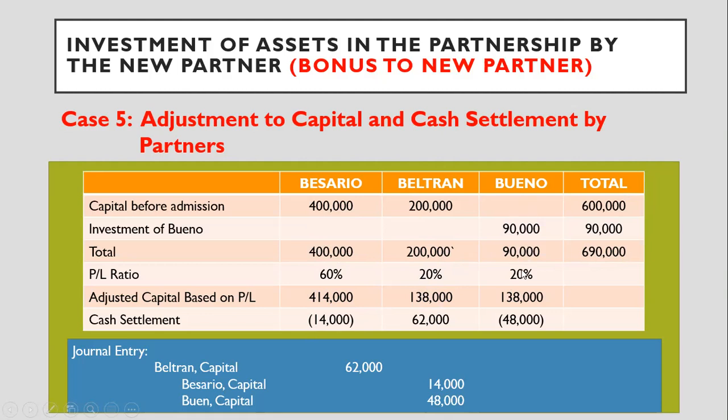Bueno should have 138,000, but she only has 90,000, so Bueno needs to invest 48,000 more. During the cash settlement, this should be the journal entry: a debit to Beltran capital 62,000, because Beltran has to withdraw, and a credit to Bisario capital 14,000 and Bueno capital 48,000, credit because they need to invest more.